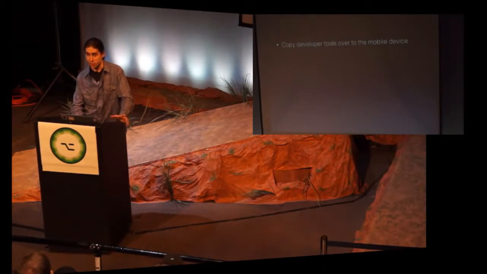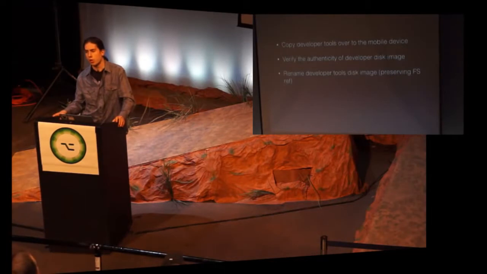So we're going to copy the developer tools over again and verify, but when we start the verify, it's going to open the file system reference on the device. After it does that, we're going to tell the device it should rename the file of the disk image into something else. This preserves the file system reference, so it's not going to be changing or restarting the verify that was already begun.